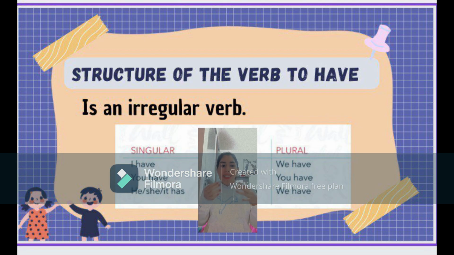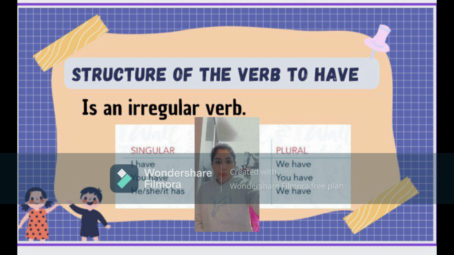Okay, now let's go to the structure of the verb to have. It is mainly used to construct the present simple. There are two different ways to write this verb in the present simple, have or has, and the use depends on the subject in the sentence. The singular form is I have, you have, he, she, it has, and the plural form is we have, you have, and they have.